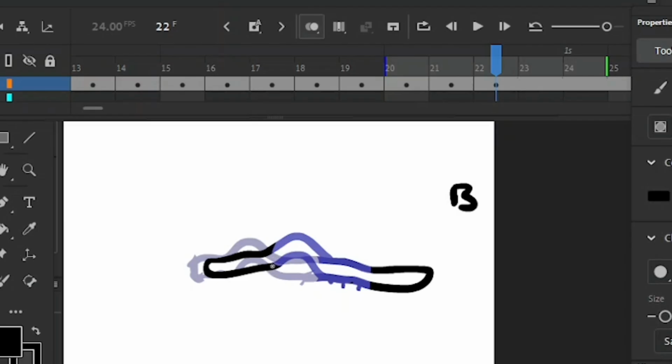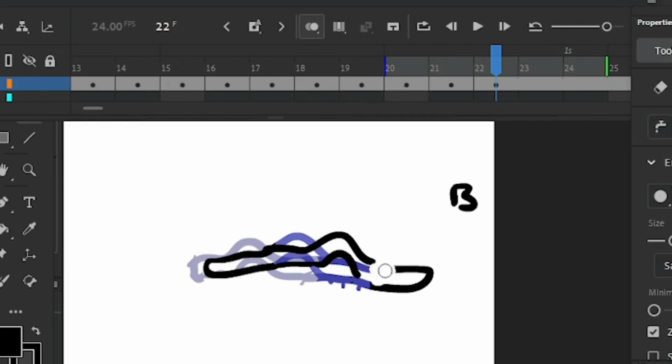So we go again continuously. The worm keeps moving like a wave motion.